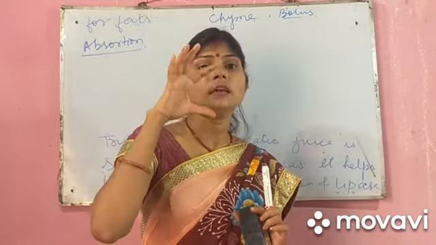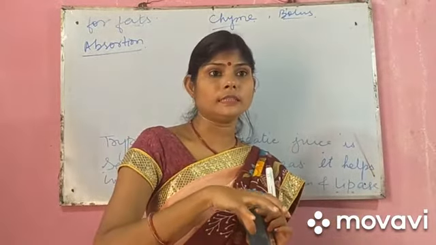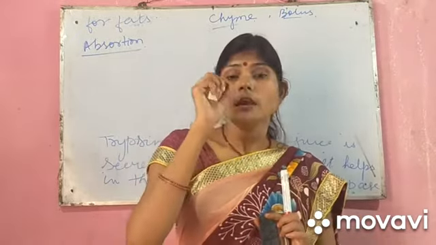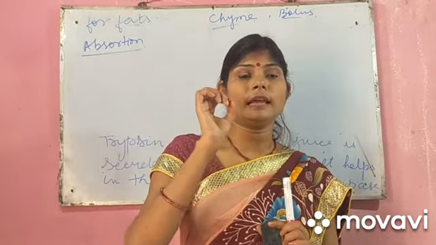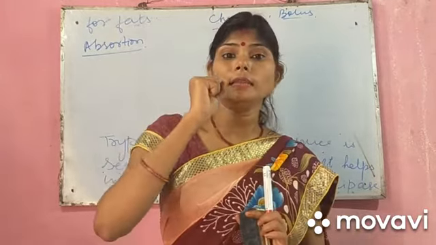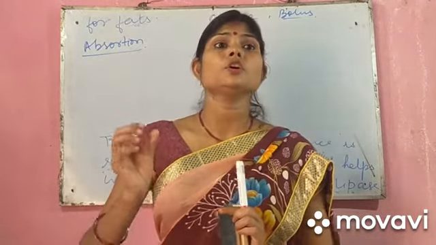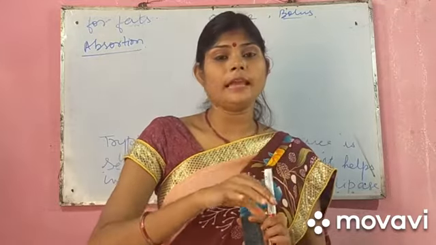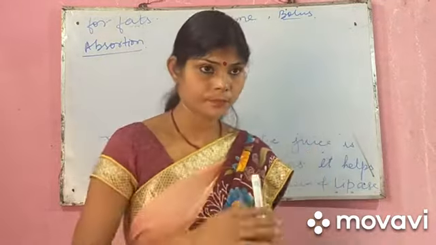The proteins and the digested food particles, with the help of the finger-like projections, that is the villi, are absorbed and transferred by the lymph vessels and blood vessels present in the villi to the different parts of the body.